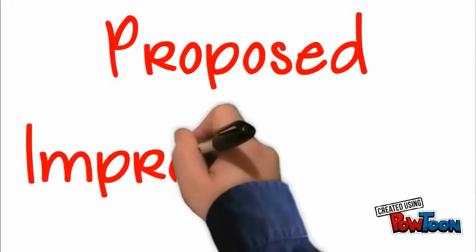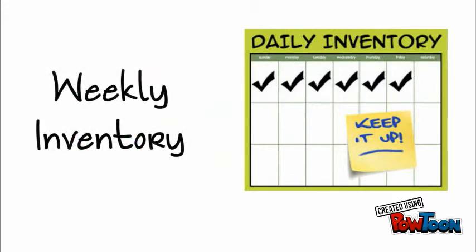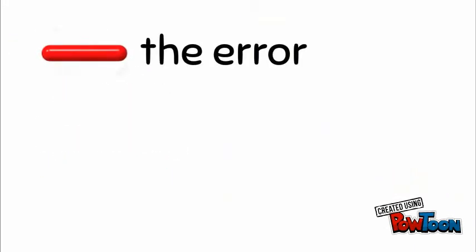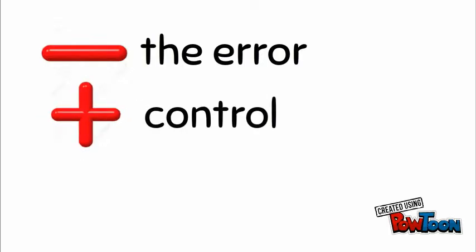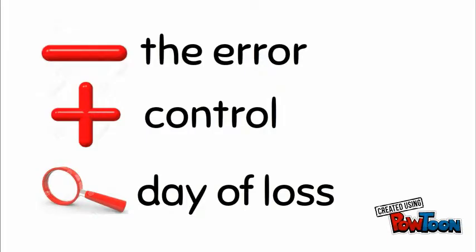Proposed improvements. To carry out a daily inventory count instead of a weekly one in order to reduce the error, increase control, and to be able to easily identify the day in which a loss went by.